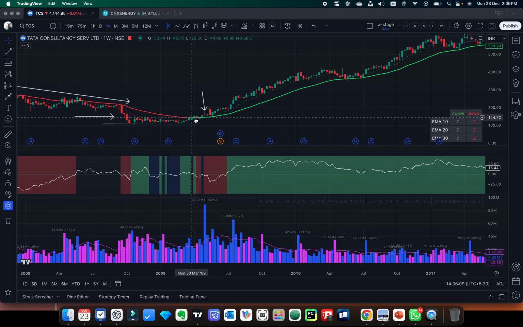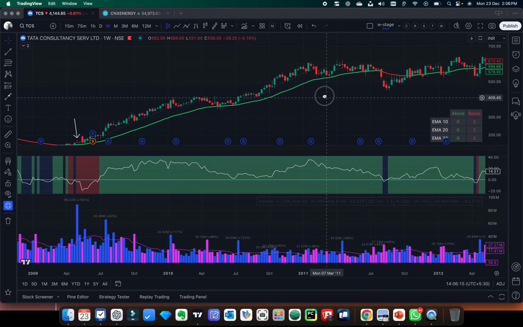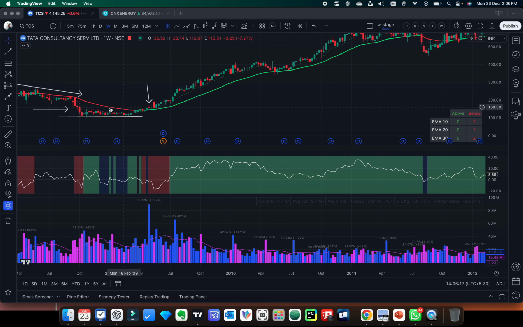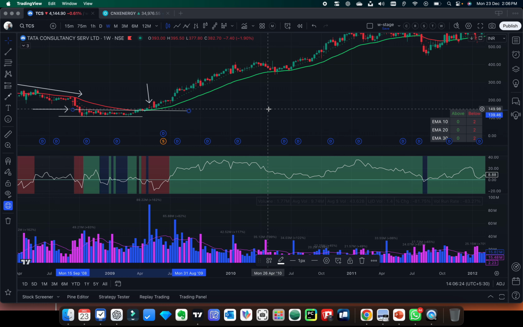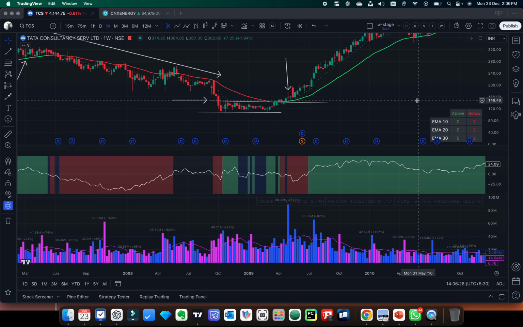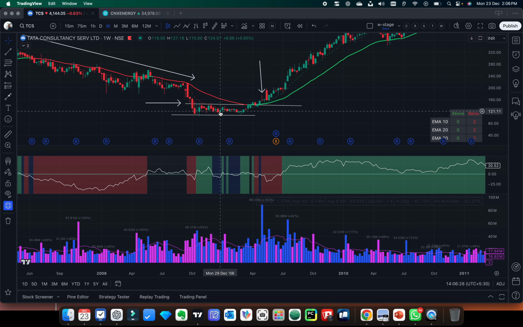So the moving average becomes positive and the price of TCS starts trading upward. So this is your breakout from this level. So this is your basing stage.